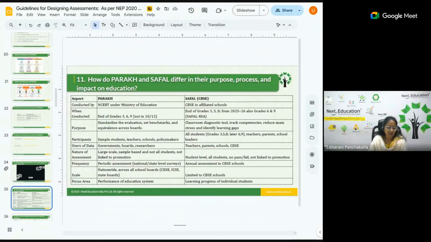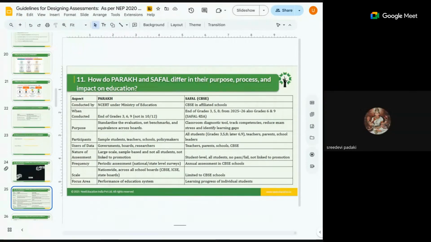The different panelists, regional level coordinators and district level coordinators are all taken from the schools only. They should not be biased, and this will be taken care of by PARAKH as well as CBSE when they appoint their dignitaries. Okay, got it, thank you.